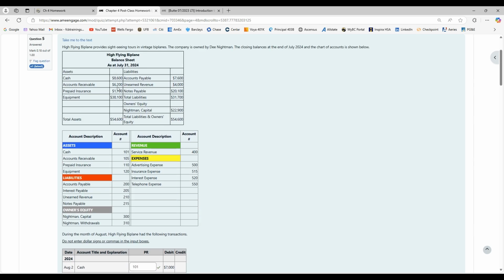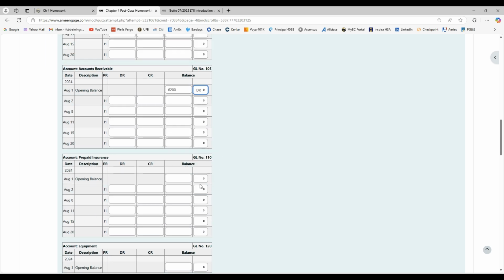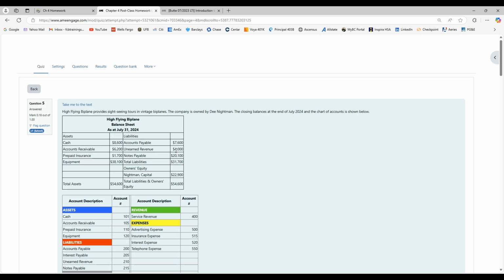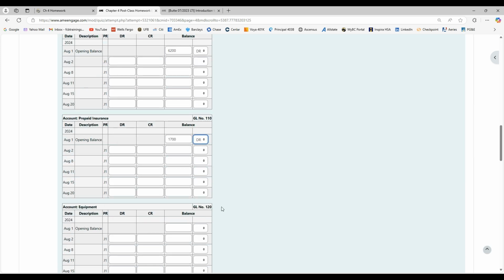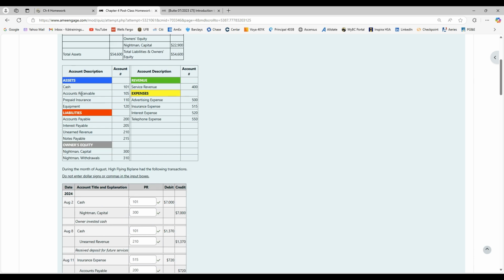It's an asset as well. Prepaid insurance 1,700. And again, debit balance, equipment 38,100. Same, debits, normal balances for all the assets.